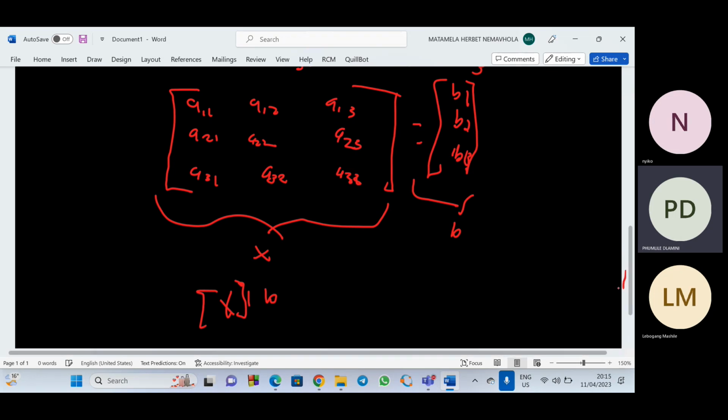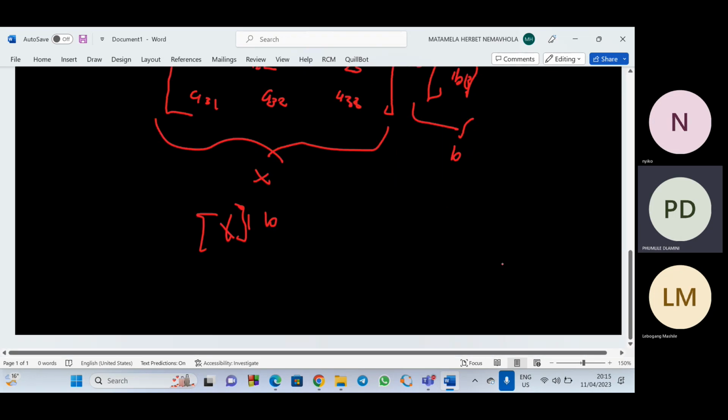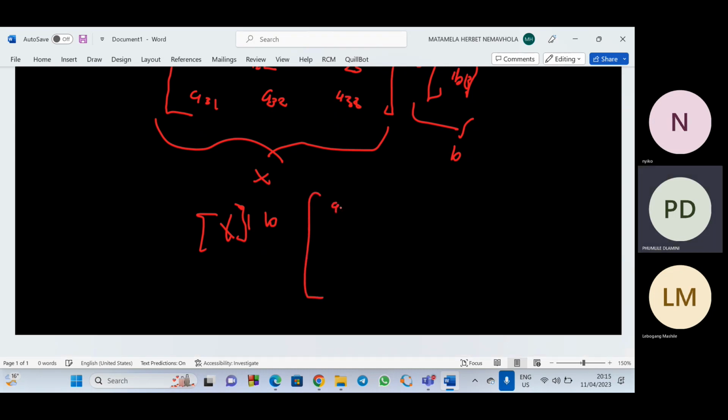If we want to solve this matrix, we can just write those coefficient values again. I'm going to be fast because they look similar to what I'm doing. A21, A22, and A23.